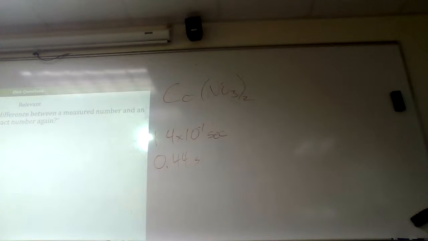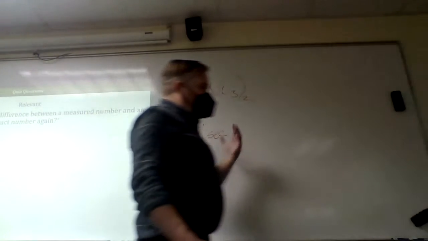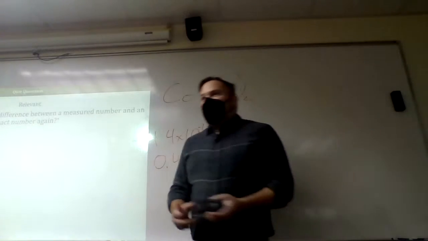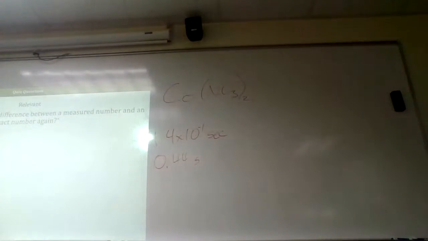Anything that's a measured number is going to be things like speeds. Speed is a conversion that's a measured number. This is where sig figs are going to come into play, right? If I say that my average speed from here to Sacramento is 62 miles per hour, is it exactly 62? No, right?